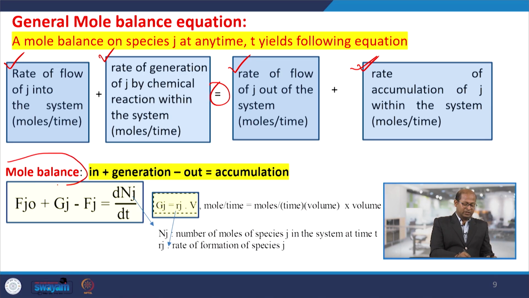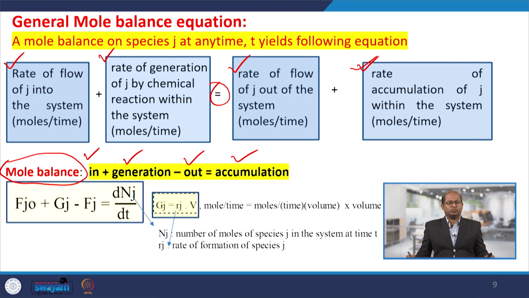So, if we simplify this equation, input plus generation minus output equals accumulation, or input plus generation equals output plus accumulation. We can express this in terms of F j 0, the input of component J at time t equals 0, and G j, the generation part.